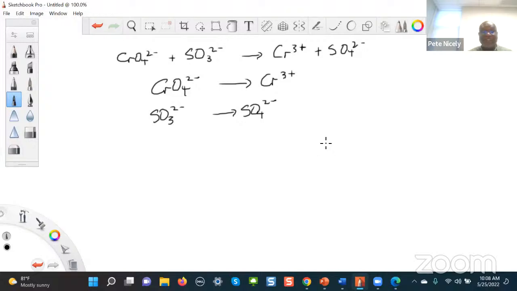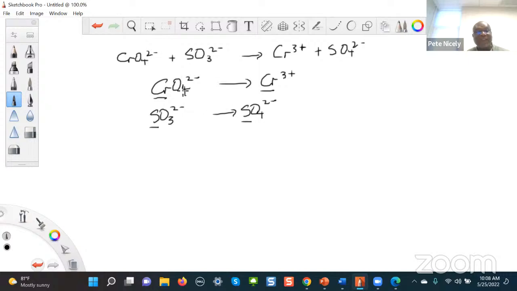But in this case, we don't need to do that, because you'll notice there's 1 chromium atom here and 1 chromium atom here. So that's okay. We have 1 sulfur atom here and 1 sulfur atom here. So that's okay. Typically, you'd have to balance all atoms other than oxygen or hydrogen. After that is taken care of, we balance the oxygens by adding water to the side that is deficient of oxygen.